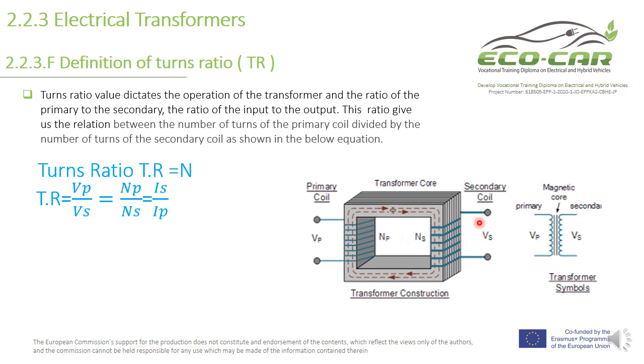It is also equal to the number of primary windings, NP, divided by the number of coils of the secondary, NS, and also equal to the secondary current divided by the IP current, the primary current.